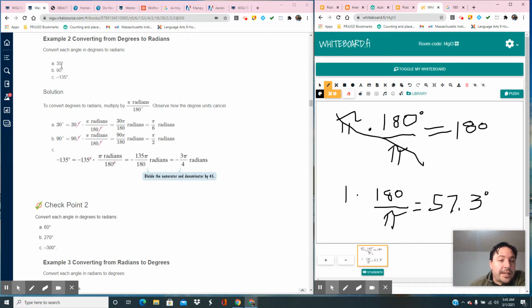So that'd be 1/6 pi or pi over 6. This one is half of 180. When we're converting this direction, pi is on top, 180 is on the bottom, so the 90 and the 180 combine to turn into 1/2 pi, pi over 2.